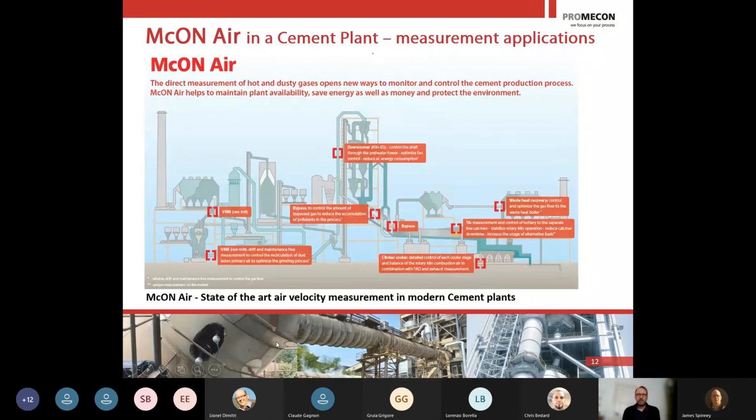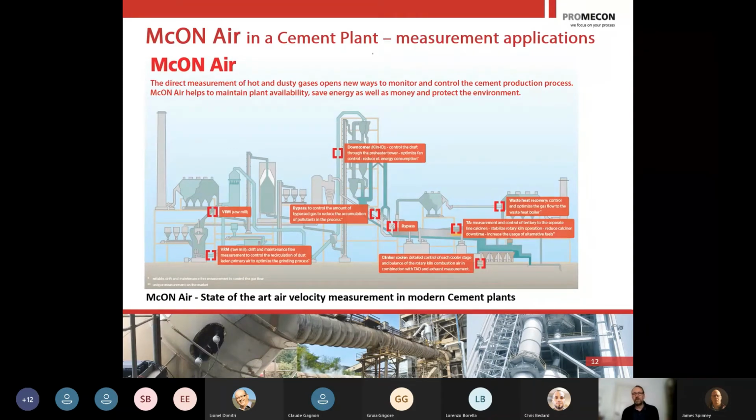Here's an overview of the possible applications for the Mechon Air System in the cement plant. We have all these applications already installed all over the world. One of the main applications we find is usually the downcomer after the preheating tower, and then of course the airflow for the cement mill and also for the raw mill.